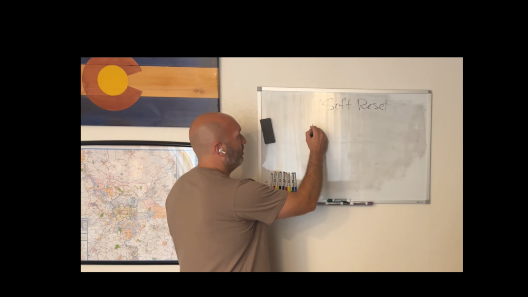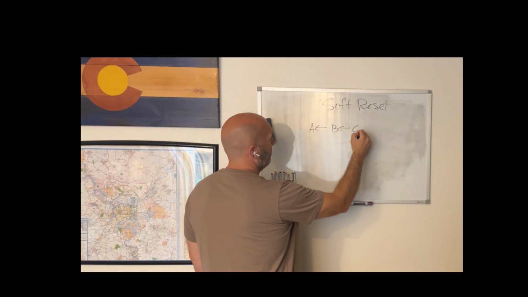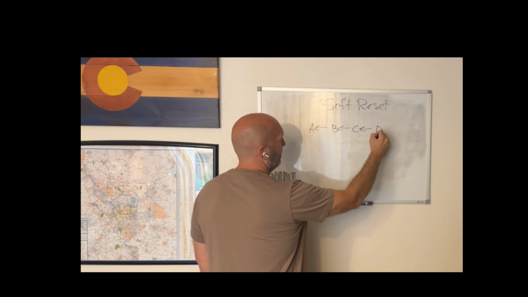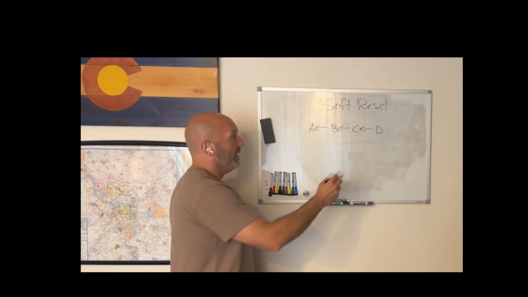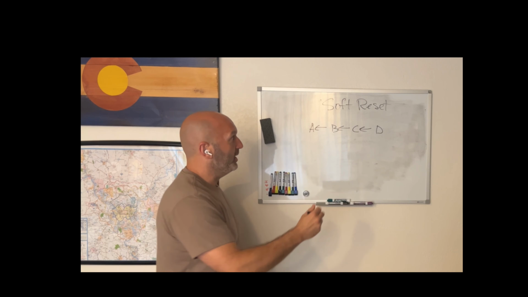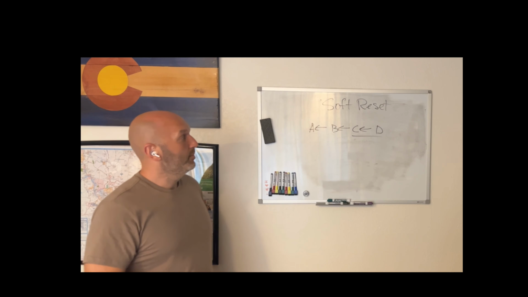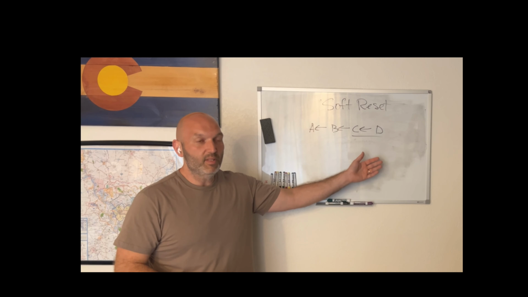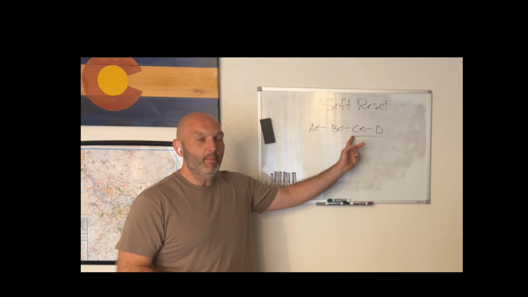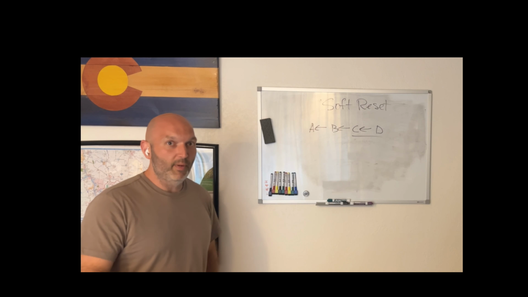So let's say we're back to A, B, and C. I'm actually going to add D in here. So we have A, B, C, and D. Now, let's say that in our branch, we want to bring C and D together. I don't want to have C and D. This change had a typo in the message, but I just want to get rid of these two commits, but I want to hang on to the changes.